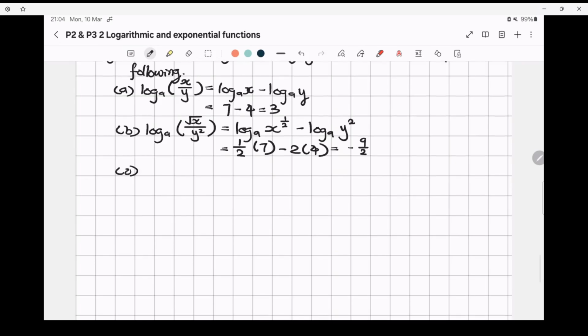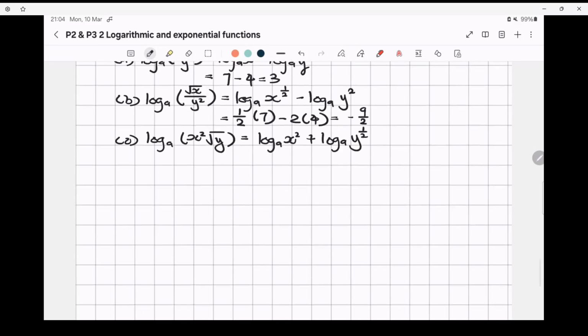Part C, log base a of x square times square root of y. That will be log base a x square plus log base a y to the power of half. So you will have 2 times log base a x, which is 7, plus half times your log base a y, which is 4.